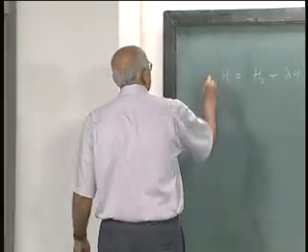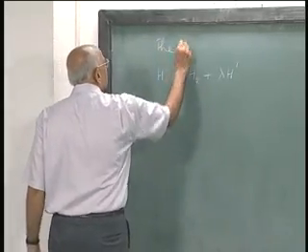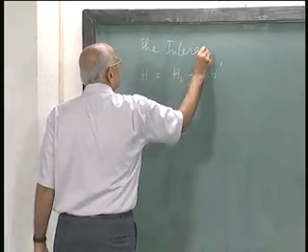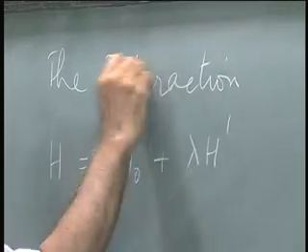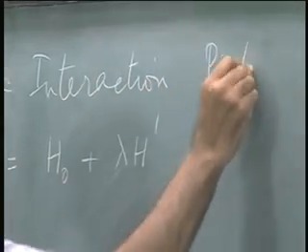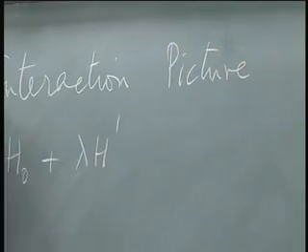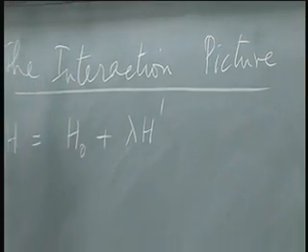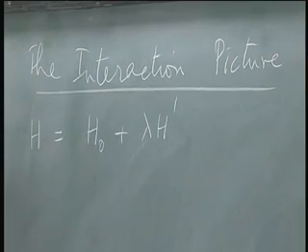So, the interaction picture, and it was a clever trick which tells you in a natural way how to handle problems of all kinds of perturbations, including time dependent ones.